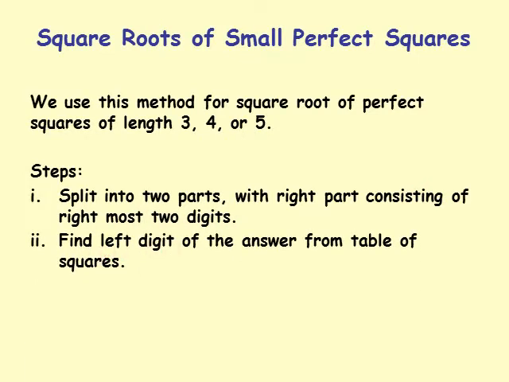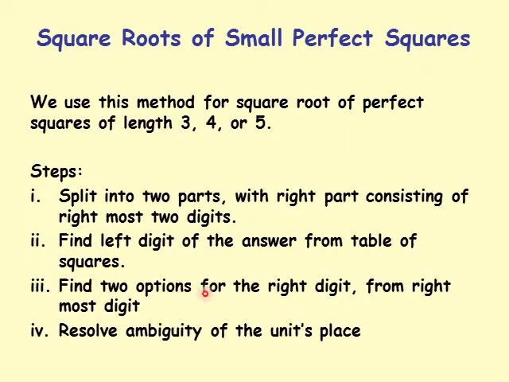Find the left digit of the answer from the table of squares. Then find two options for the right digit from the rightmost digit. Then resolve the ambiguity of the units place, where you usually have two options.